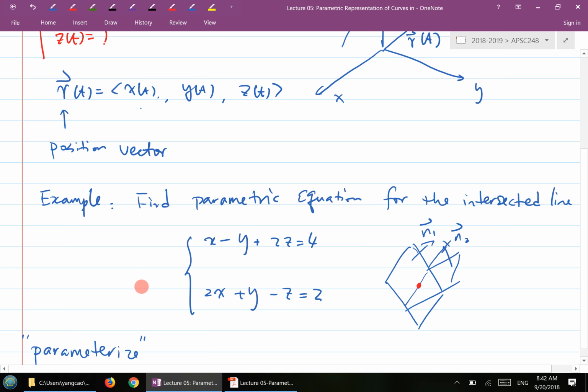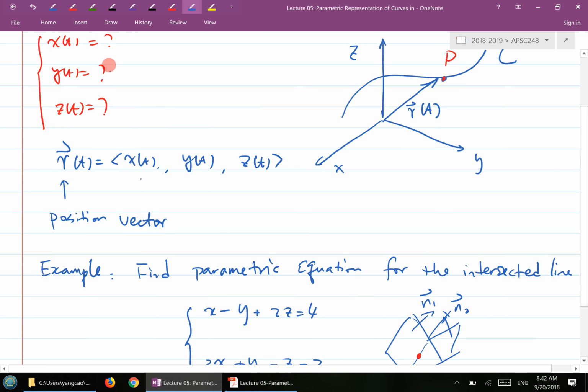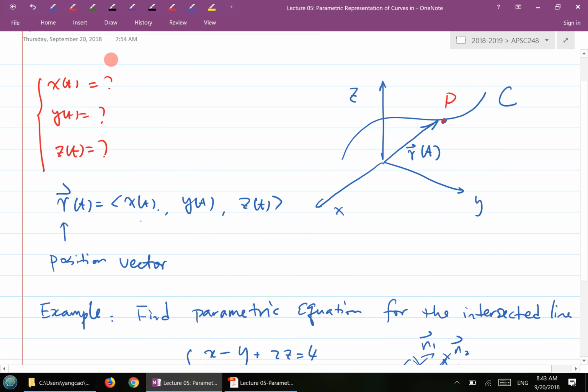When you think about the end result for a parametric equation, every component of the line is a function of t, and you have a certain initial point, like z naught.